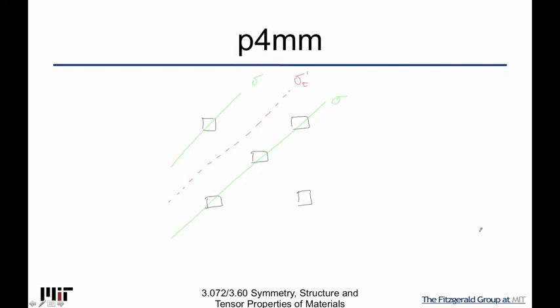So with that in mind, picture that as you have mirror planes in parallel on a lot of these other patterns: between the mirror planes you'll typically have a glide plane sitting in the middle.